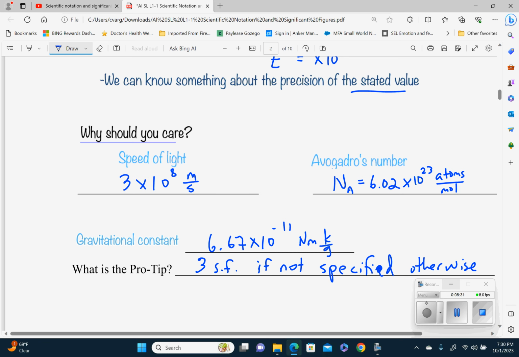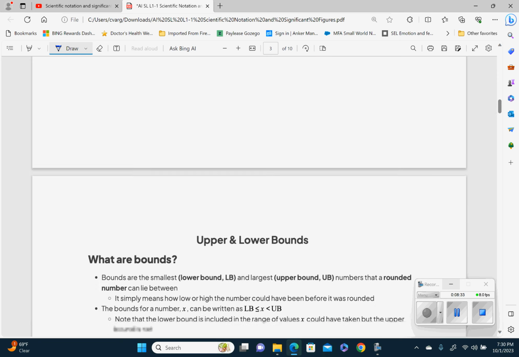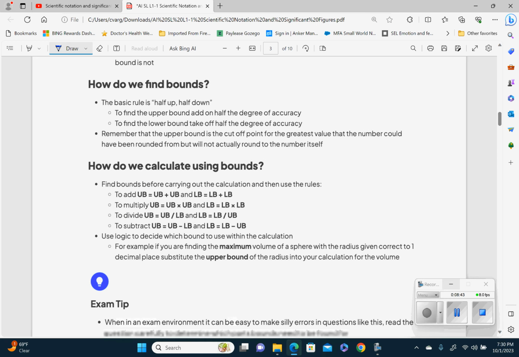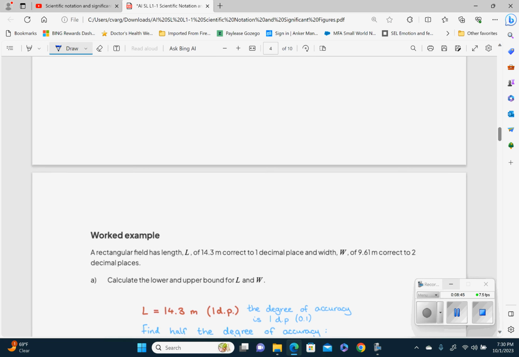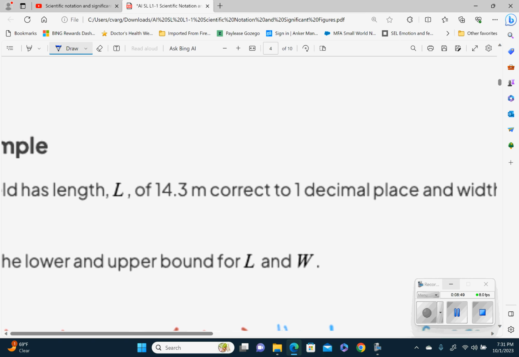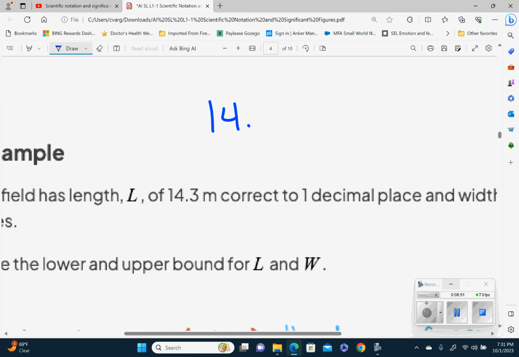All right. So what I'm going to encourage you to do is to go ahead and read through the upper and lower bounds. Basically, what that's saying is what numbers can round to a specific number. So for example, we'll just do one. If I say, what numbers round to be 14.3?